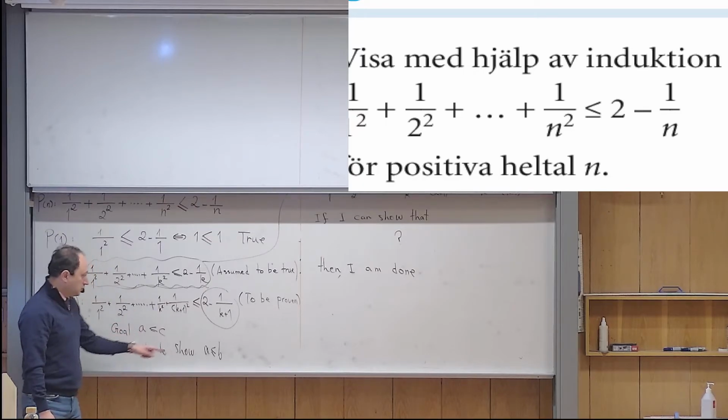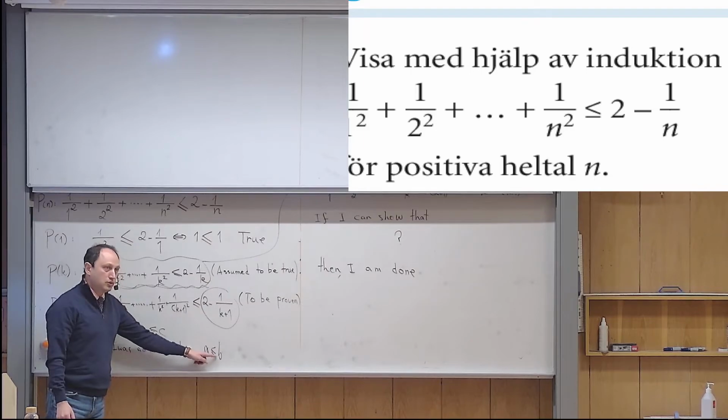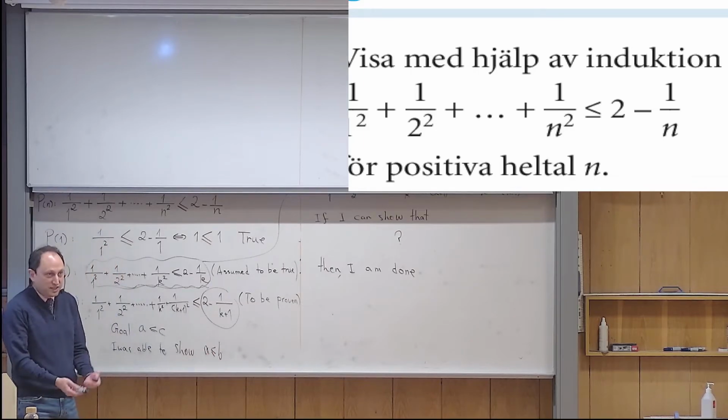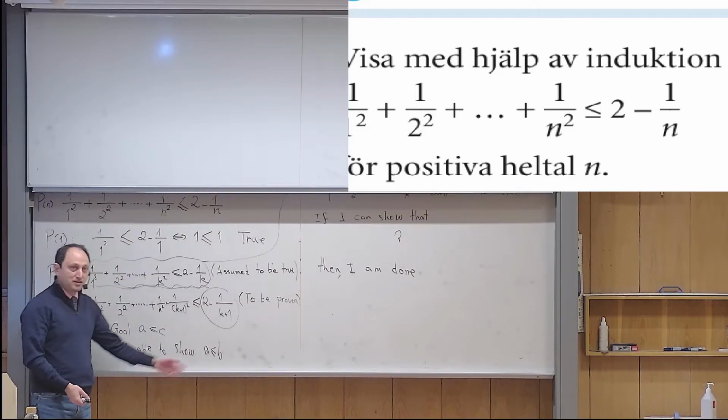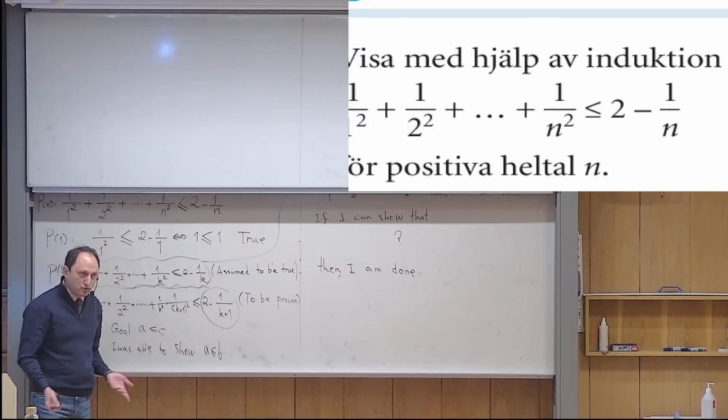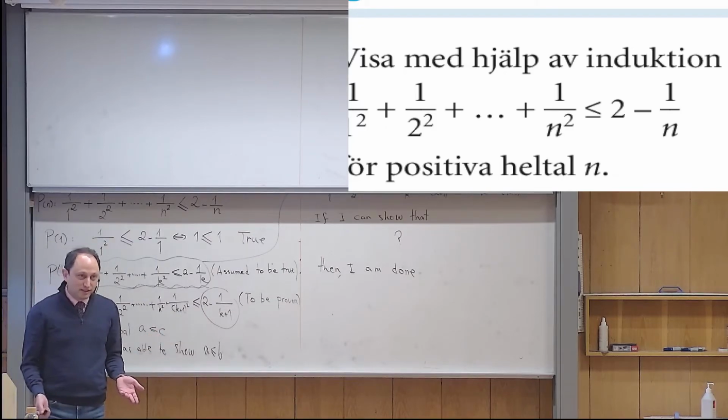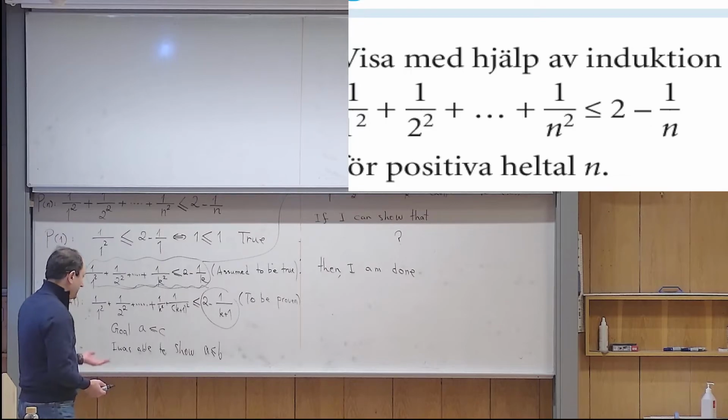Instead, I was able to show that A is less than or equal to B. Is there still a chance to be able to show this is also true? Yes or no? You shouldn't be actually desperate here, yes?